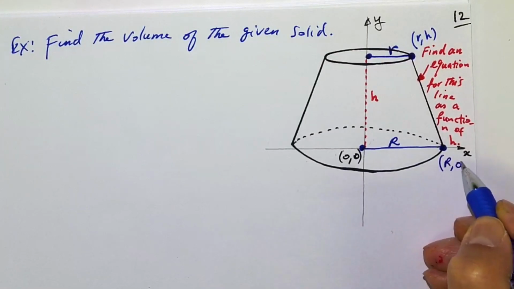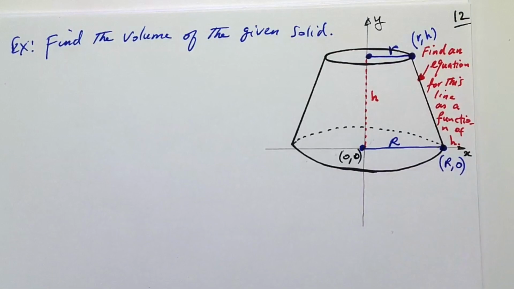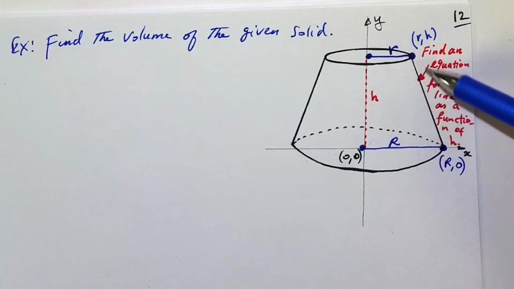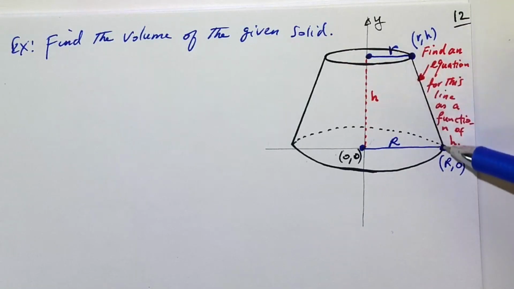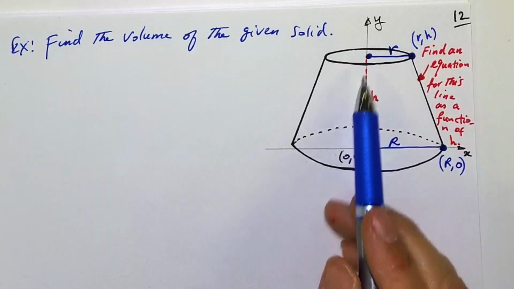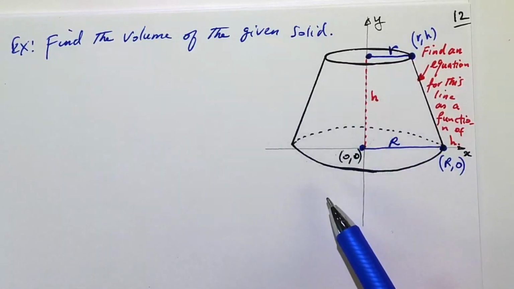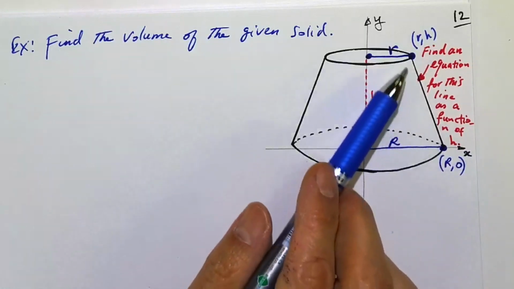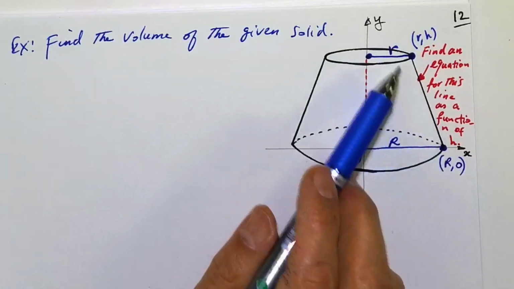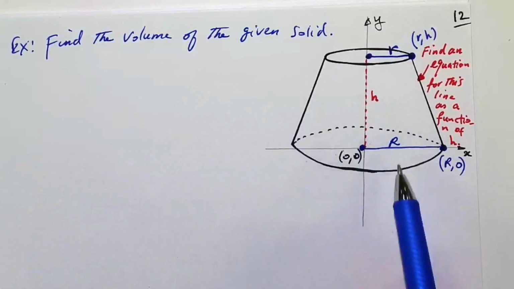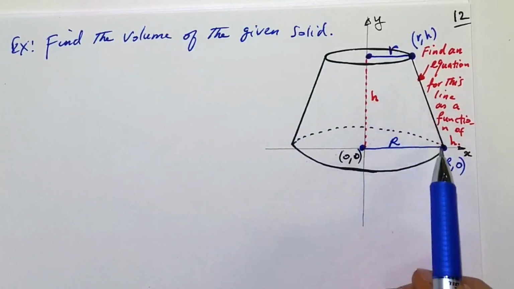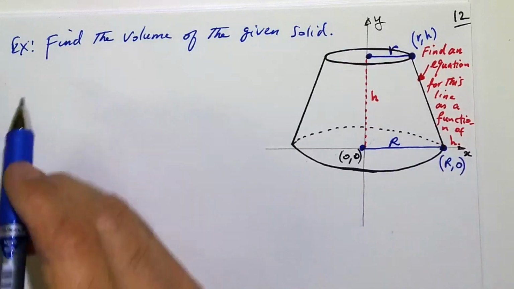R comma 0. Remember, the objective of what we're doing is to find an equation for this line as a function of the height of this solid. So from this point forward, we can just calculate the slope of that line and then figure out the equation of that line. Okay, so let's do that.